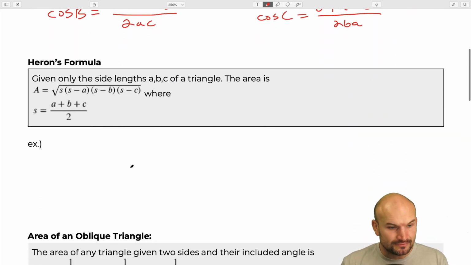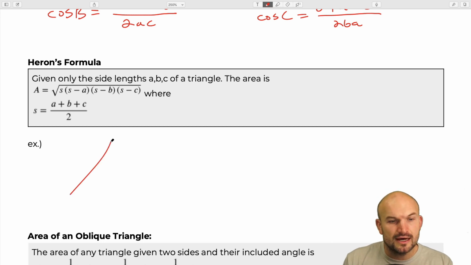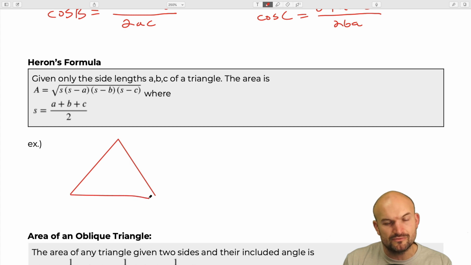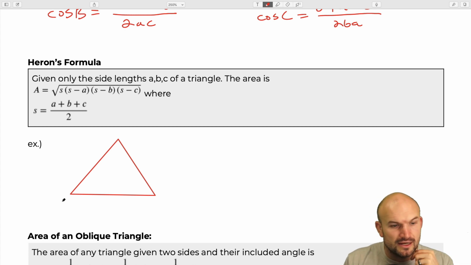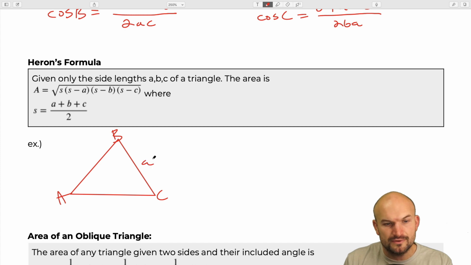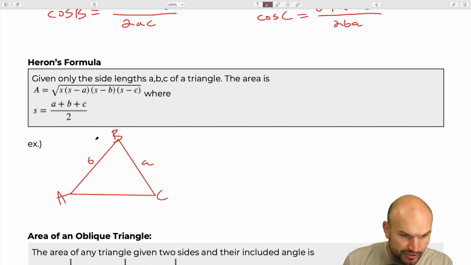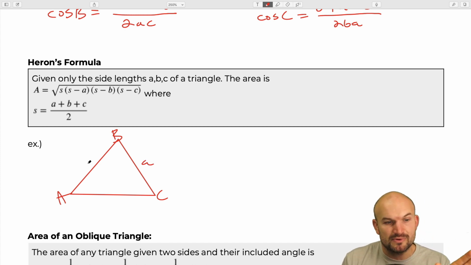Heron's formula is also going to be used when we want to find the area of the triangle from the side lengths. This is fairly basic. A lot of times the issue is how to type it into the calculator. Remember, these represent the side lengths of our triangle.